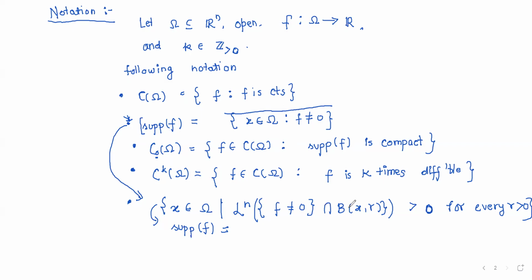Here also we are talking about balls. So the balls will be in the space, and you can make the radius any radius, and you intersect where the function is non-zero. That measure should be positive.